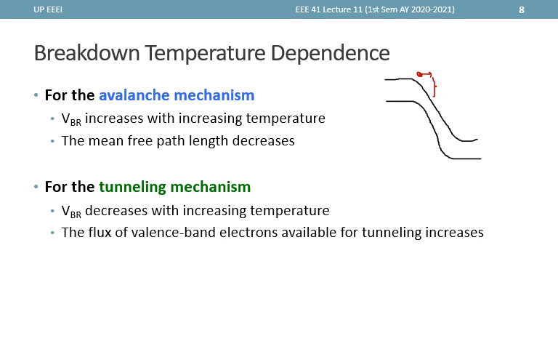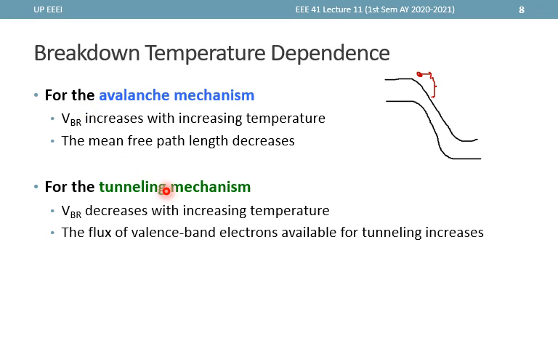So to reach the kinetic energy where they are able to produce new carriers via impact ionization, we'll have to accelerate them faster with a larger electric field, which leads to this larger breakdown voltage.